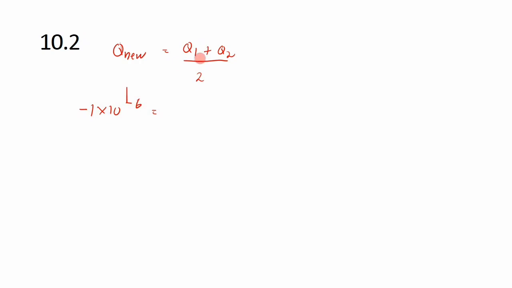Then what is our Q1? Our Q1 is -3 times 10 to the exponent of -6. So Q1 here is the charge on sphere P. Then Q2 is the charge on sphere Q, then over 2.